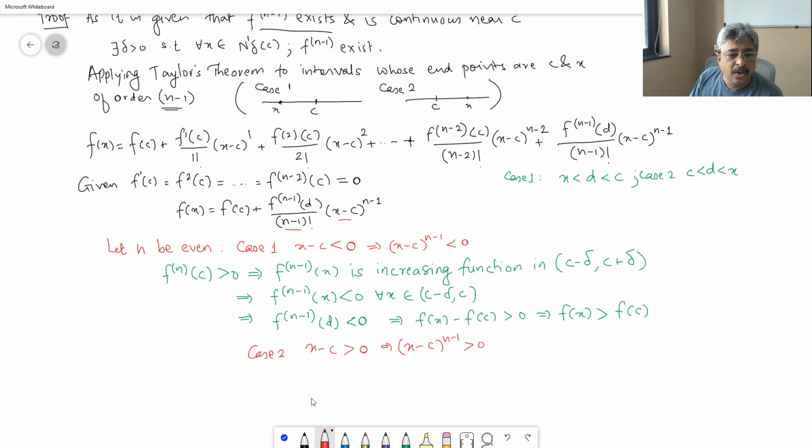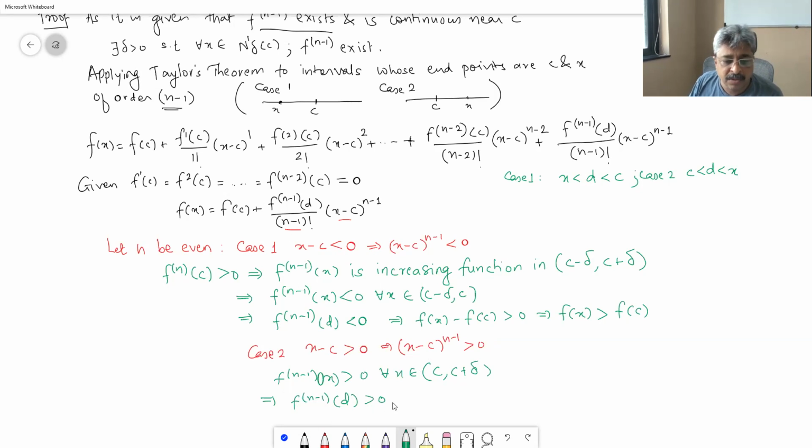Now from here we can directly conclude that fn minus 1 of x is greater than 0 for every x belonging to c plus delta. Implies fn minus 1 evaluated at d is greater than 0.